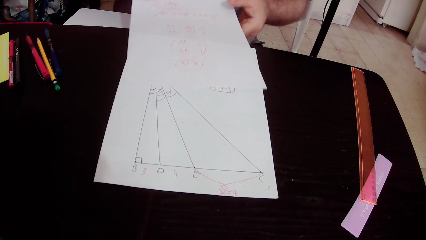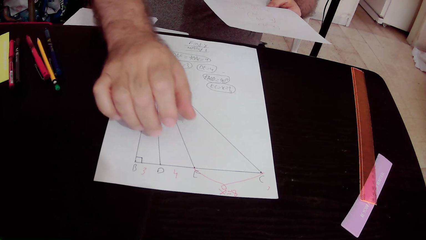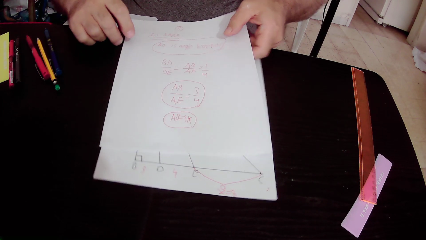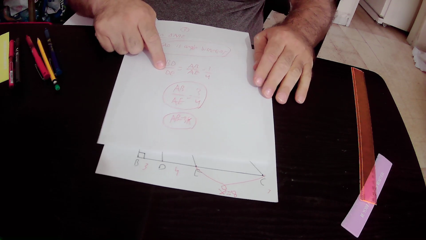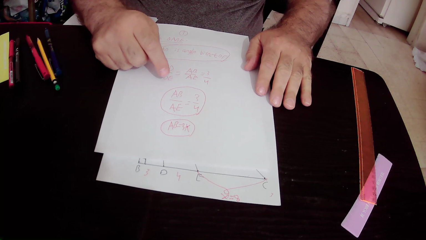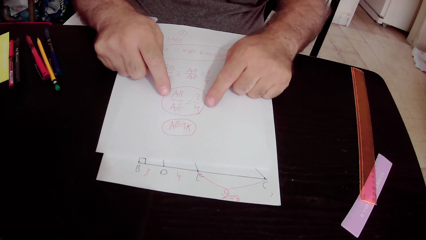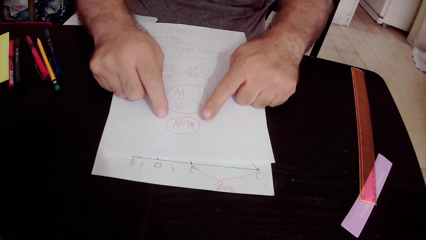But we know that BD equals 3 units and DE equals 4 units. So we got that AB over AE equals 3 over 4, and we defined AB as 3K.